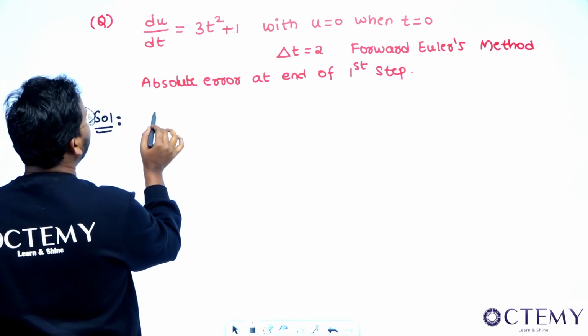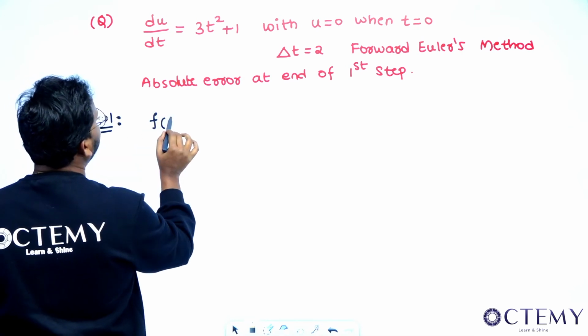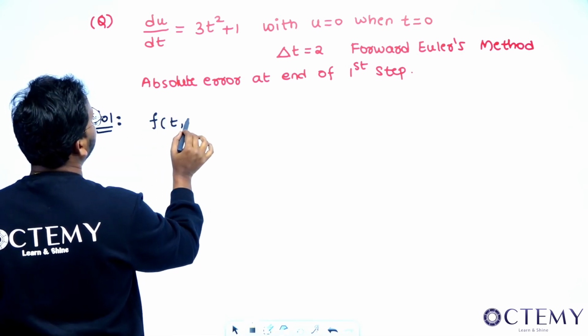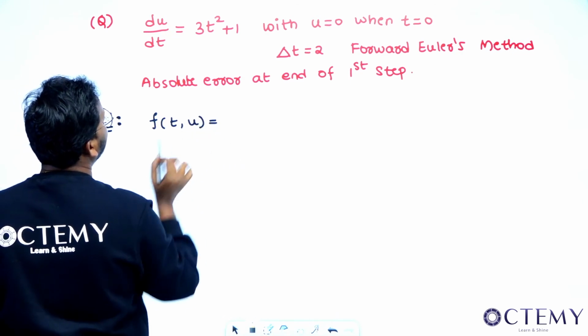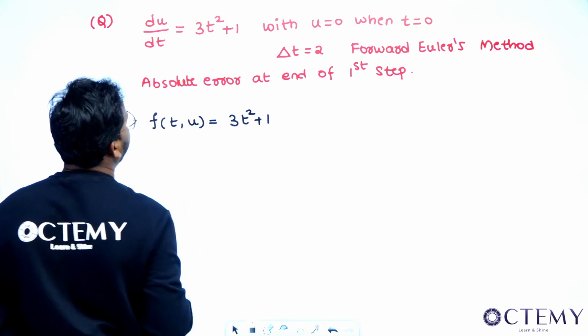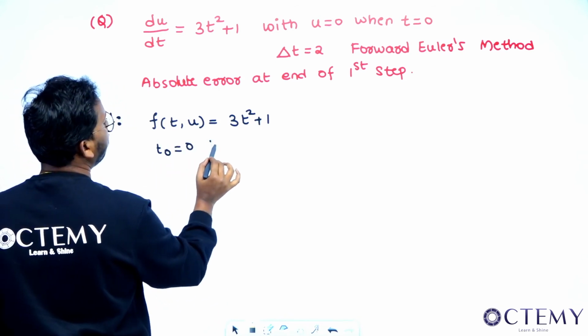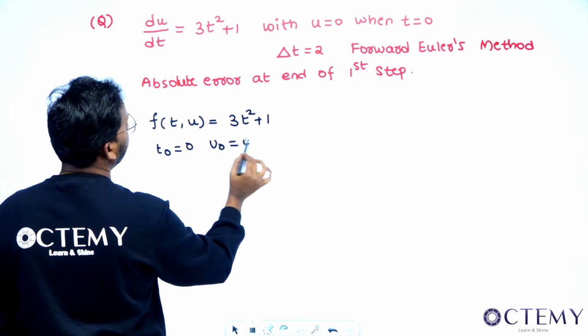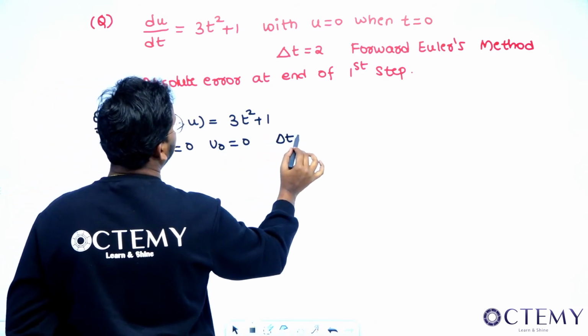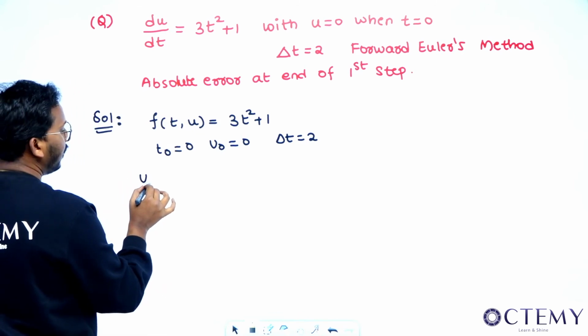That is, what is your f of t comma u? That is basically 3t square plus 1. What is your t0? T0 is 0. What is your u0? That is also 0. What is your delta t? That is basically 2.